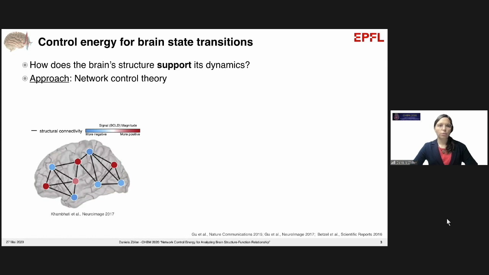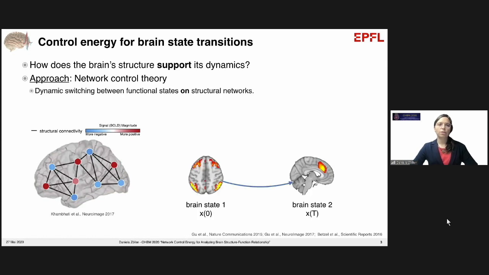So this approach is based on the assumption that the brain dynamically switches between different brain states. So here they're visualized with blue and red activity in the brain regions on top of a structural network that's here indicated by the black lines.